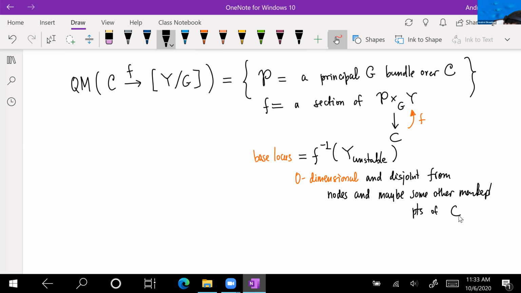We didn't think about marked points yet, and we didn't have nodes yet, but in the future we'll have to think about them.